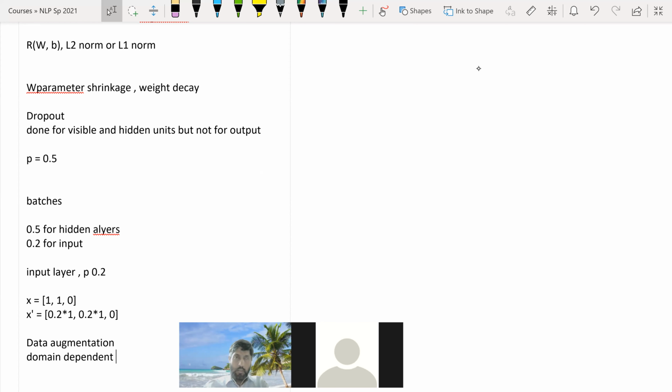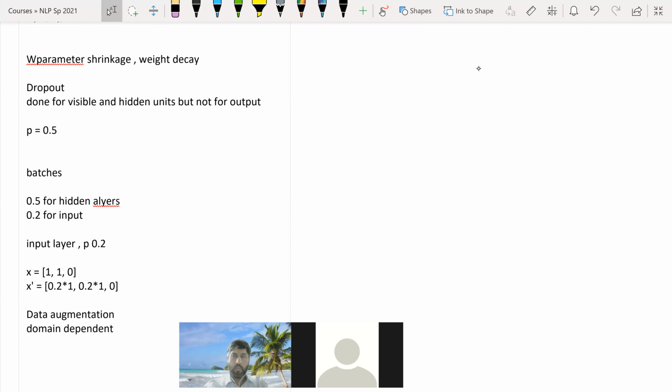Okay? So augmentation, as I said, is domain dependent, and it's most popular for computer vision, audio and video data sets, and less popular for NLP, although it is now becoming known in NLP as well.